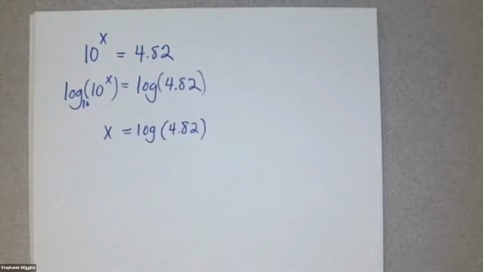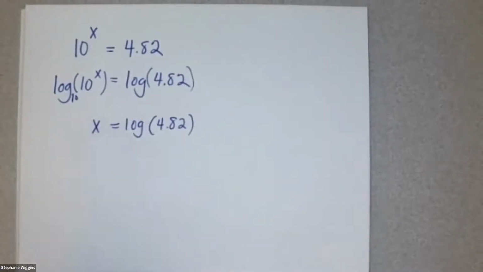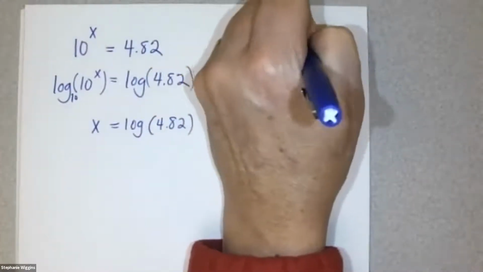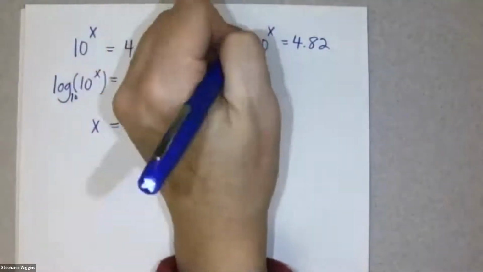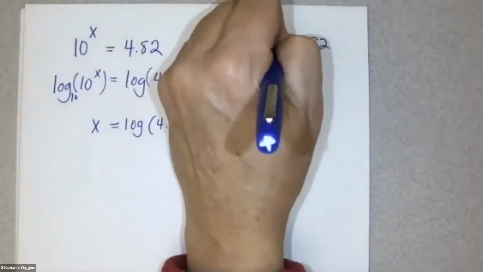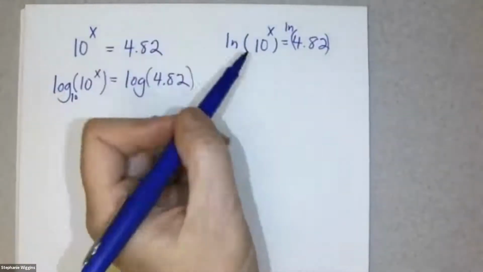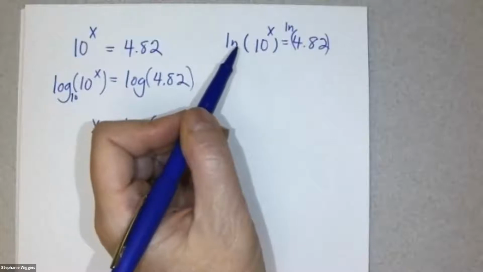Okay, now what if I took the natural log of both sides? What if I decided to take the natural log of both sides? So if I take the natural log of both sides, these don't cancel now because these bases don't match, right?